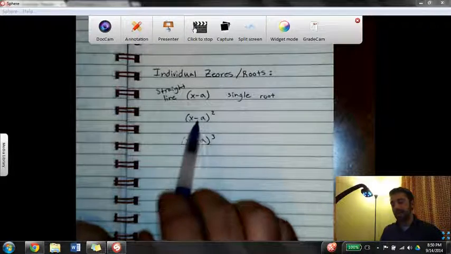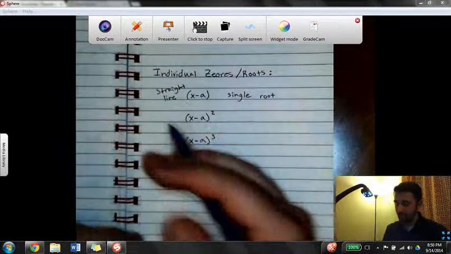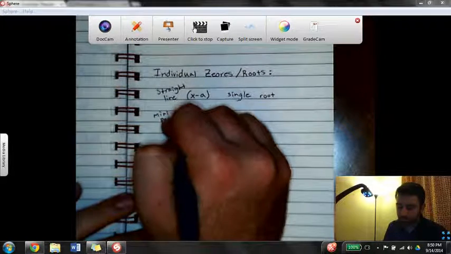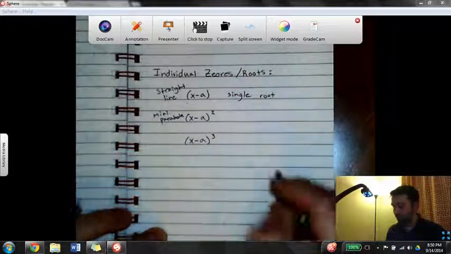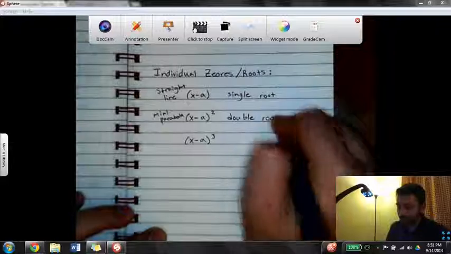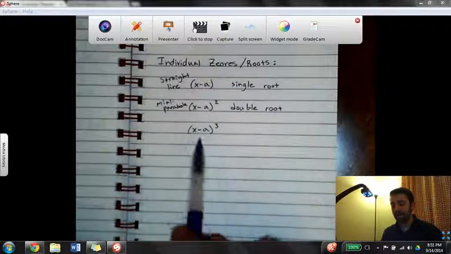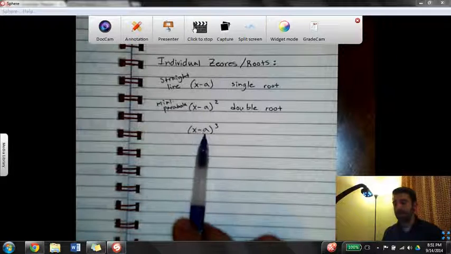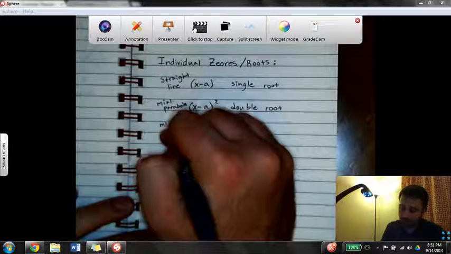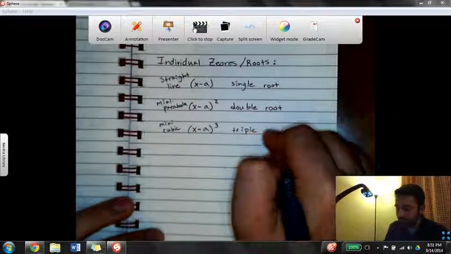When we have a factor x minus a squared in our factored form, we'll have a mini parabola and a double root with it. When we have in factored form a factor x minus a cubed, this gives us a mini cubic function, and we are said to have a triple root from it.